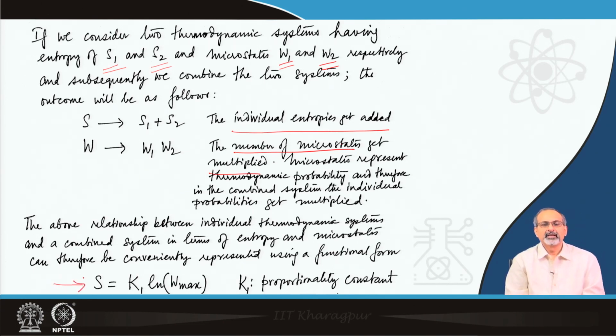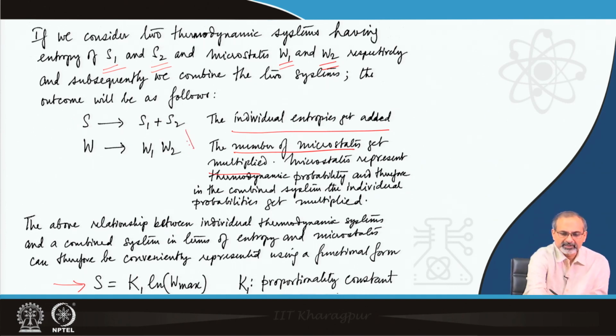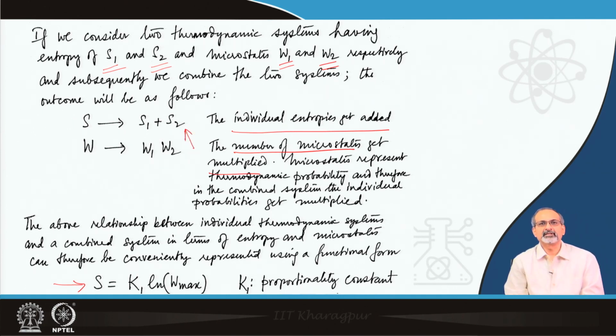So, you have a log applied on the W on the right hand side of this equation, as you can see, and that is what will generate summation of terms essentially, which gives you the idea of summation of entropy, which it finally leads to, and K 1 is nothing but a proportionality constant here.